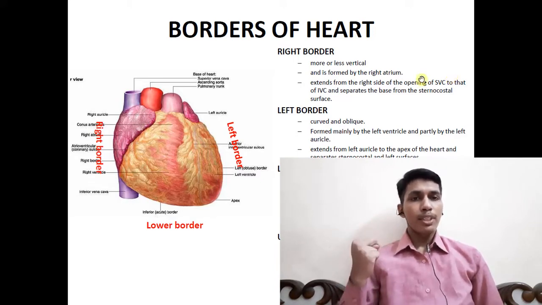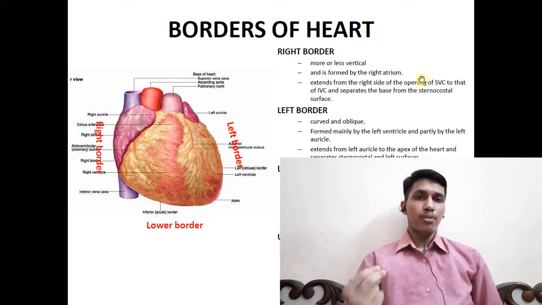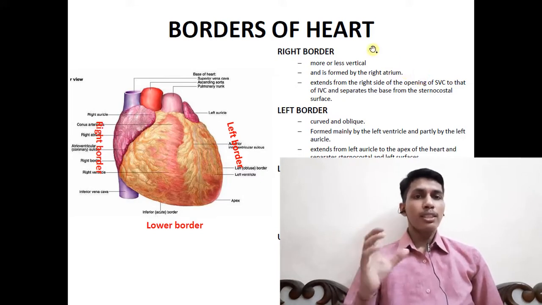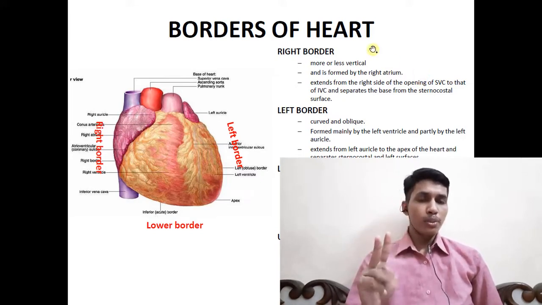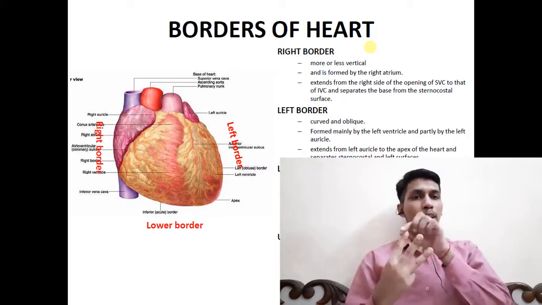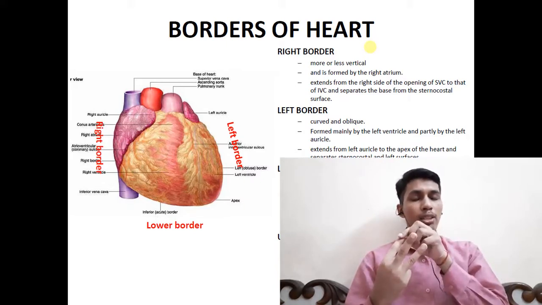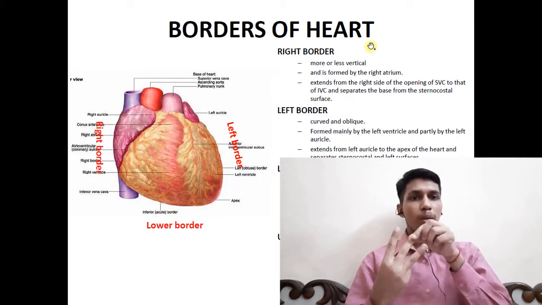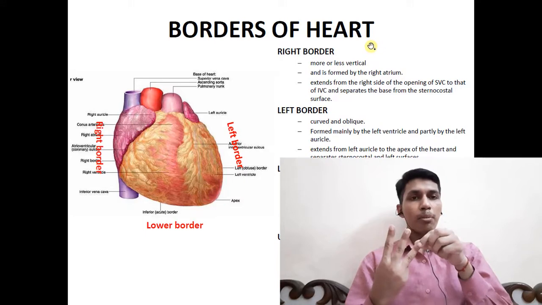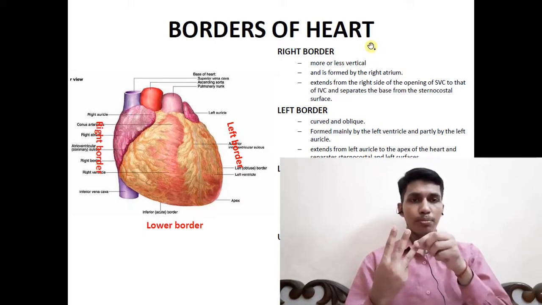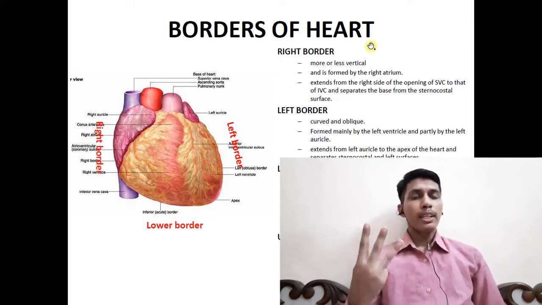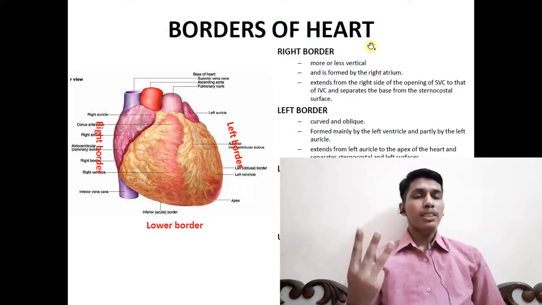Second external feature is the crux of the heart. Crux of the heart is the meeting point of all these 3 grooves: number 1, circular atrioventricular groove, number 2, interatrial groove, and number 3, interventricular groove. Number 3 external feature is the apex of the heart.